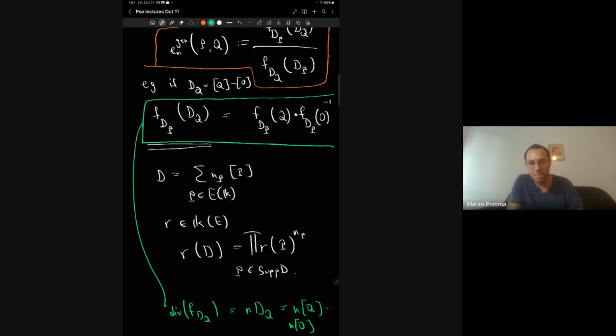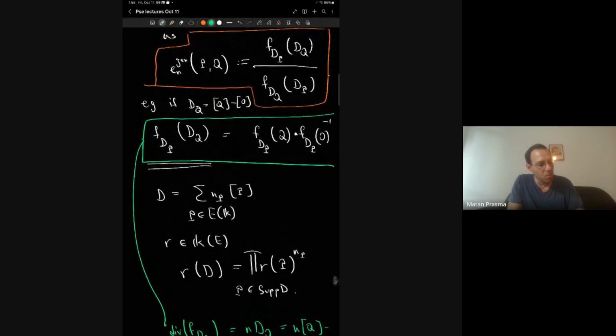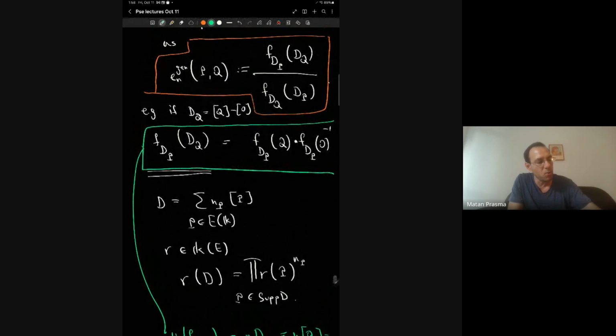I guess it could be a bit more clear now that using this generic definition of the Weil pairing, we have a better shot at calculating it.